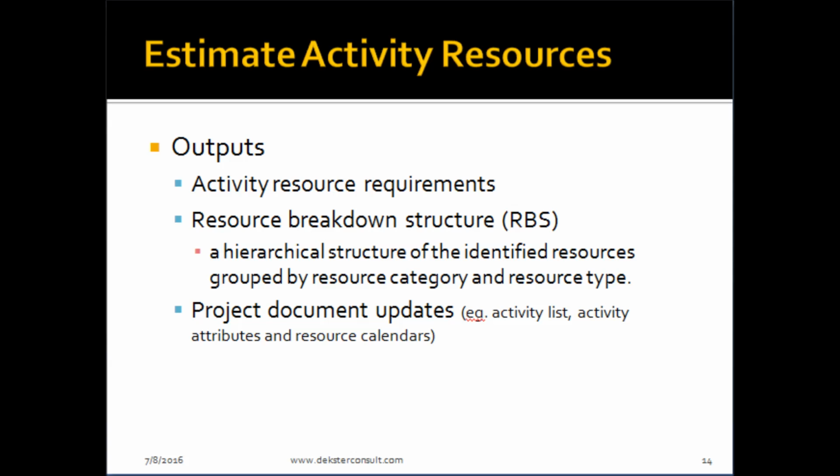Our output will be our activity resource requirements. And when we have our activity resource requirements, we could form a resource breakdown structure, which shows a hierarchical structure of the identified resources, grouped by category or by type.